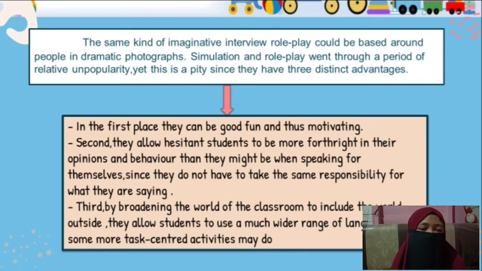Second, they allow hesitant students to be more forthright in their opinions and behavior than they might be when speaking for themselves, since they do not have to take the same responsibility for what they are saying. And the last is, by broadening the world of the classroom to include the world outside, they allow students to use a much wider range of language than some more task-centered activities may do.